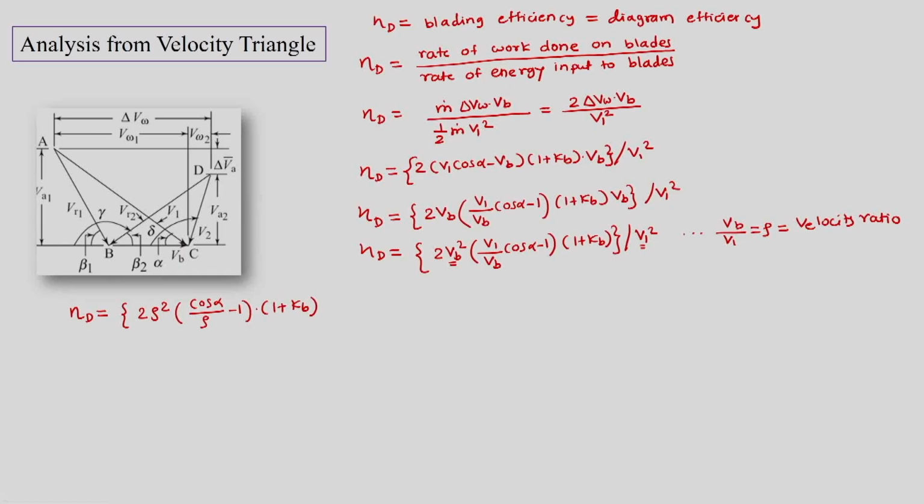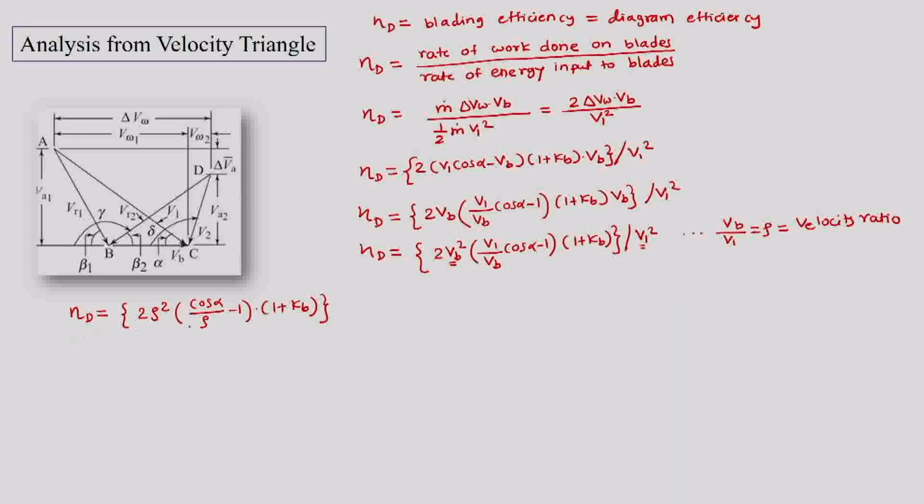So this is our basic formula for diagram efficiency, which has rho, or velocity ratio, in it. Now it is clear that for a frictionless blade it is just a function of alpha and rho, but alpha is our setting from the nozzle angle, so mainly it depends upon rho.